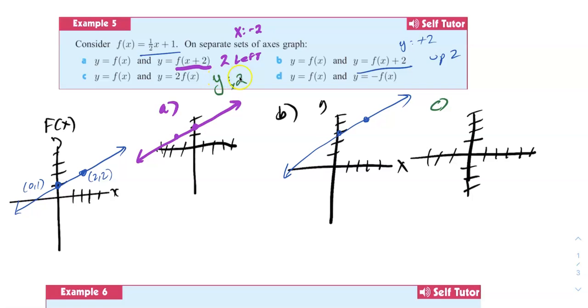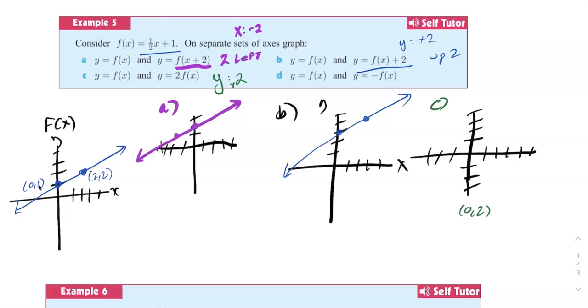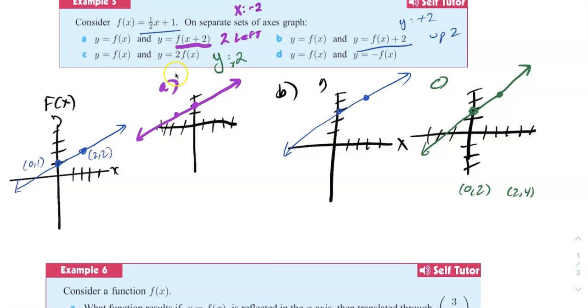And with stretches, that's usually the easiest way for me to do it. So 0, 1, just multiply your y value by 2. That point becomes 0, 2. And then the point 2, 2, multiply your y value by 2, it becomes 2, 4. So it looks like this. So that's y equals 2 f of x.